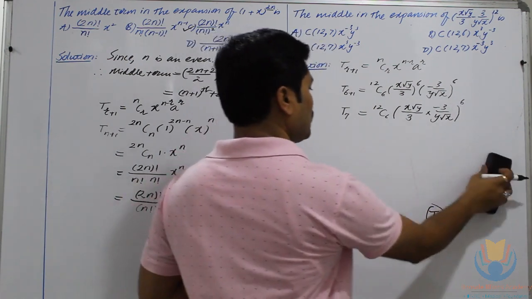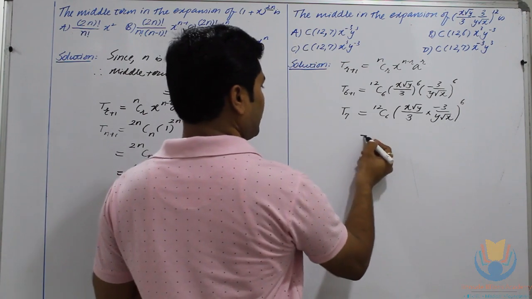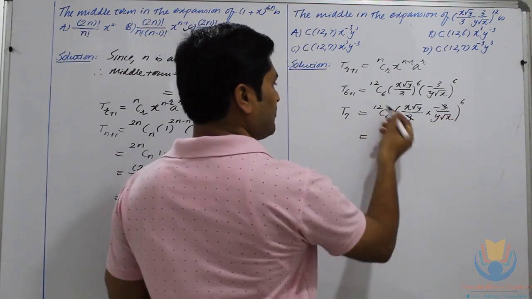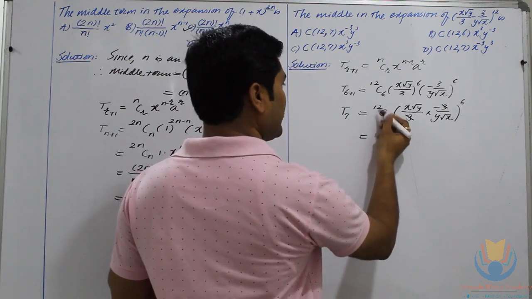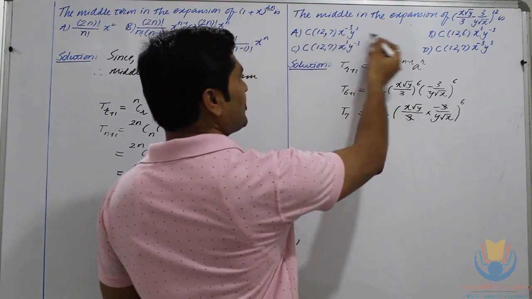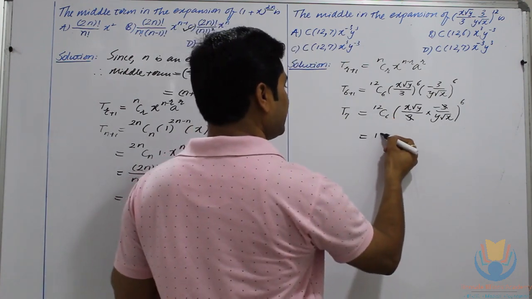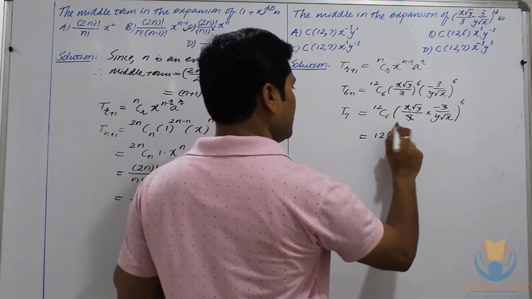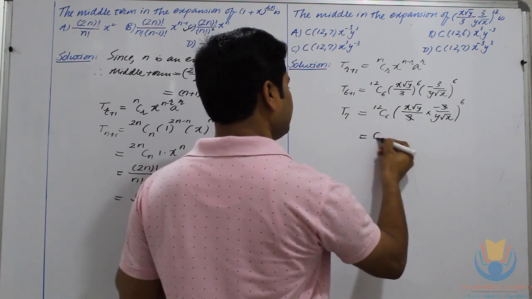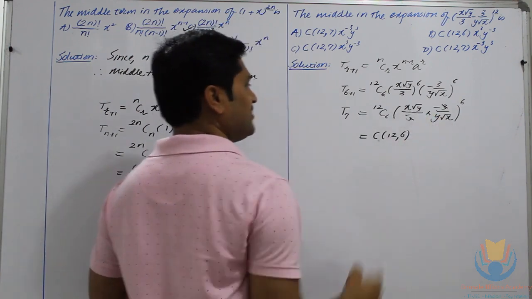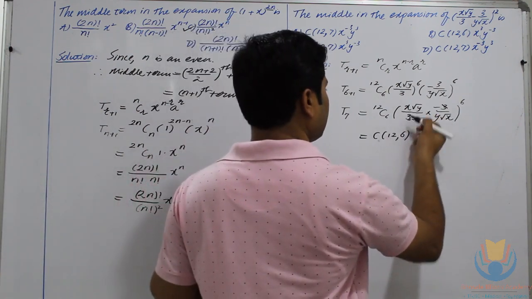We used rules of indices. So here we can cancel some terms, this 3 with this 3. By that time we can write the value of this 12C6, but it is not given in the options. We can write this 12C6 using this notation also, so this is C(12,6). So let's simplify this particular bracket here.